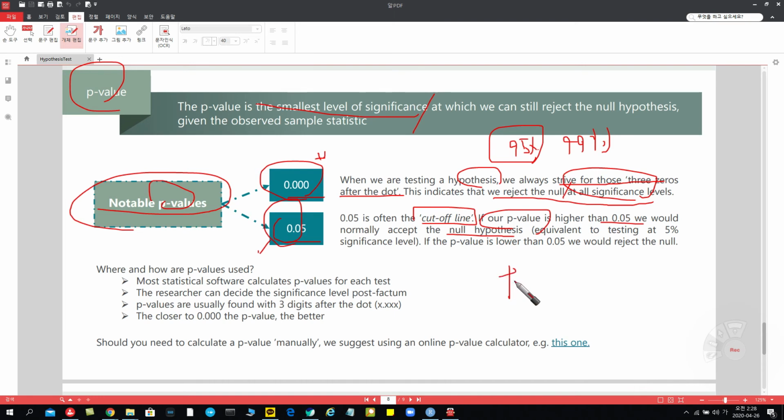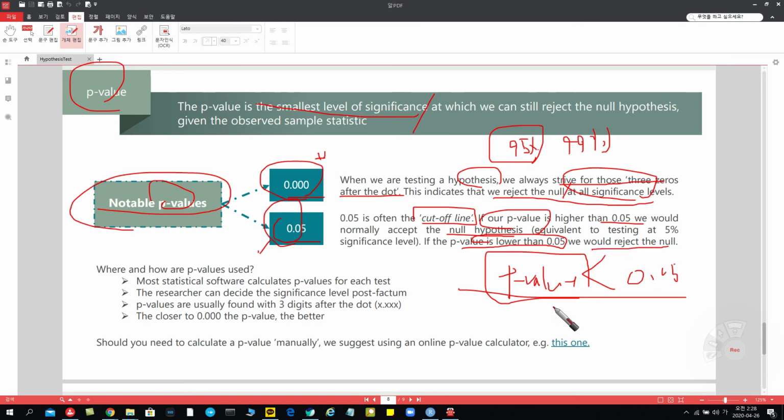If we find that the p-value is smaller than 0.05, we can reject the null hypothesis, which in other words means we accept, or support, the alternative hypothesis. So if the p-value is lower than 0.05, we would reject the null and accept the alternative hypothesis.